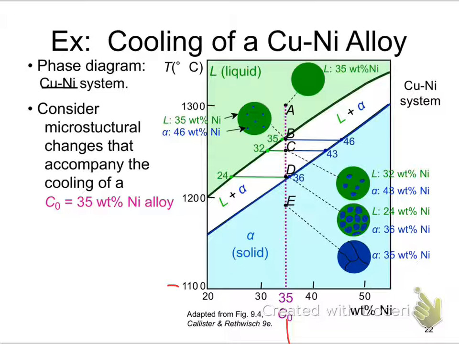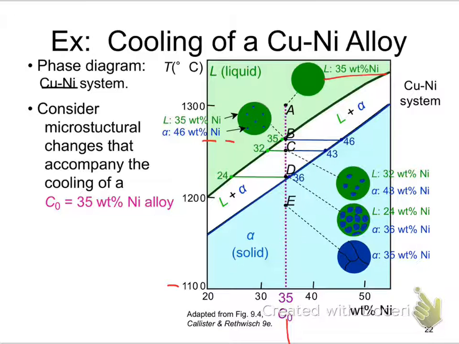At A, we are 100% liquid. There's one phase present. We know that we have 35% nickel in that solution. When we hit point B, we've cooled down to whatever the temperature is at that point.